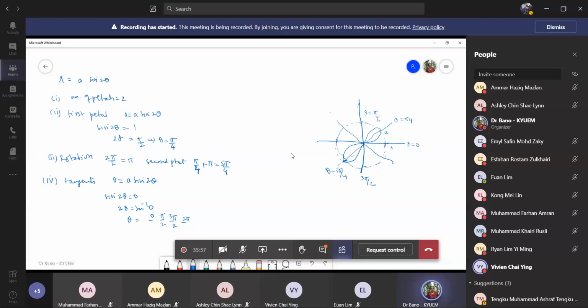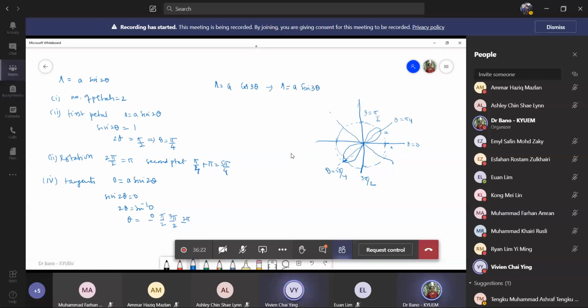Okay. So now it is your turn to do. Those of you who have drawn these sketches, you do this calculation and check whether that is fitting into your sketch or not, because you've already drawn them, isn't it?